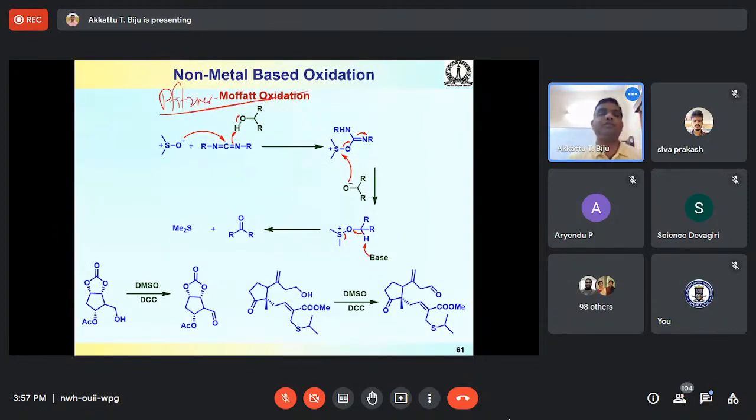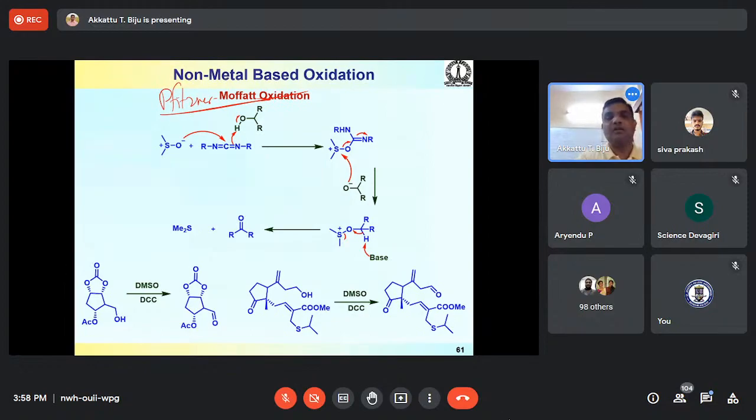If we learn Swern oxidation, all other oxidation reactions are relatively easy. We'll just change one of the reagents, and the remaining things are all the same. And the intermediate species are also the same in all the reactions.